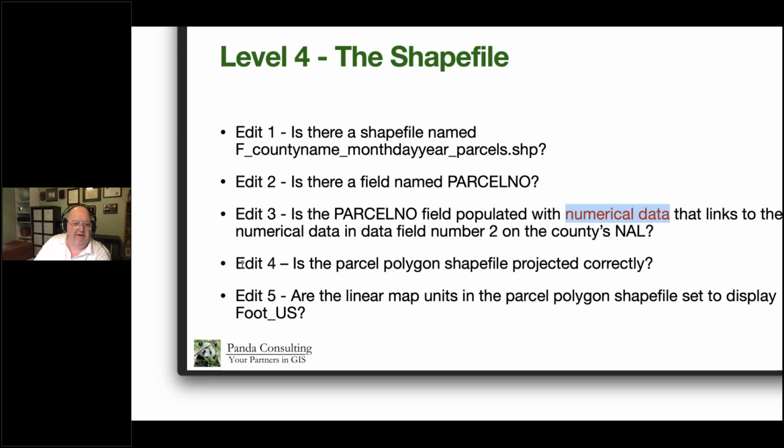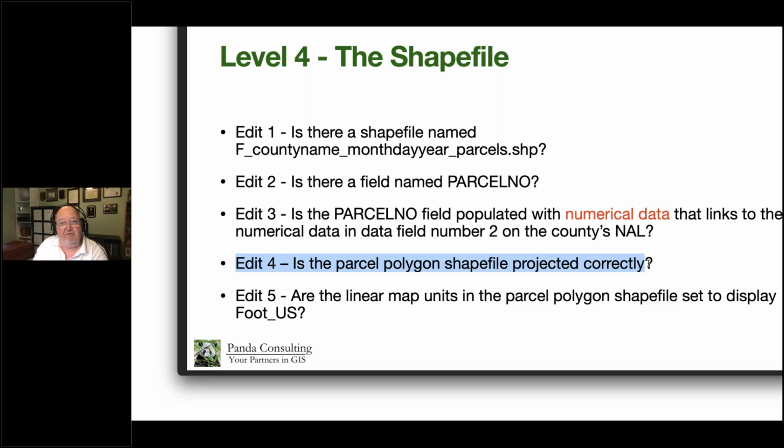And then edit 4 is, is the shapefile projected correctly? I can share with you that because Panda Consulting actually has a contract with the water management districts, we collect all 67 parcel submittals, both from the county property appraisers and from the DOR.